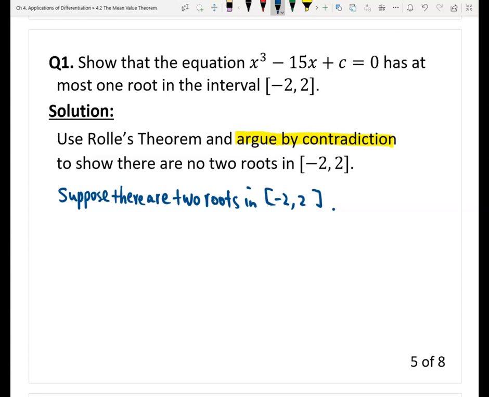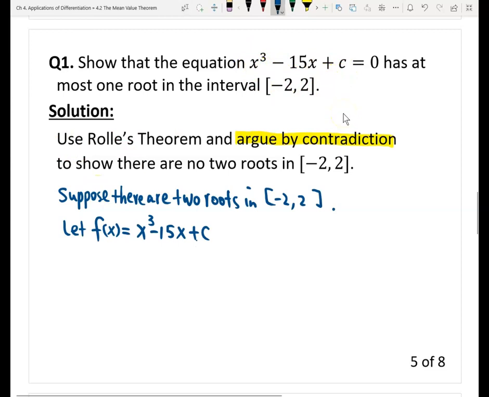Okay, and now what do we do? I have to set up the function. Let me set up f(x) equals x raised to the third power minus 15x plus c, which means we're going to set up the function as the left side of the equation.